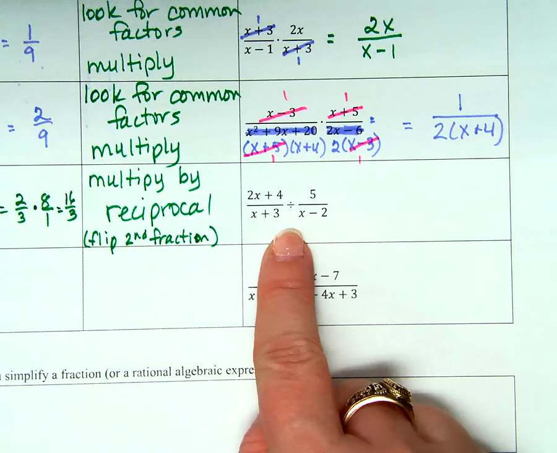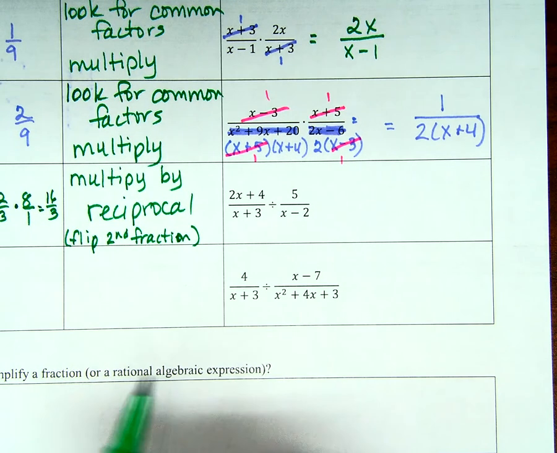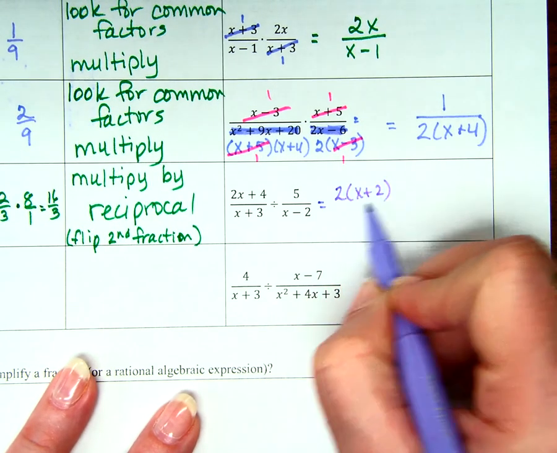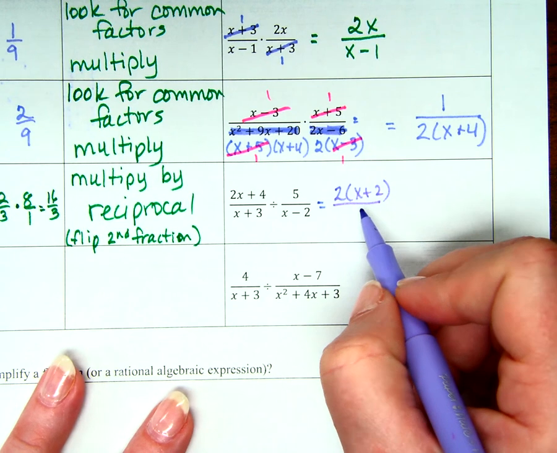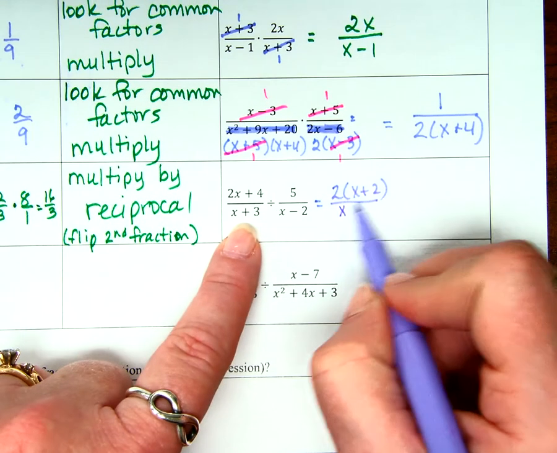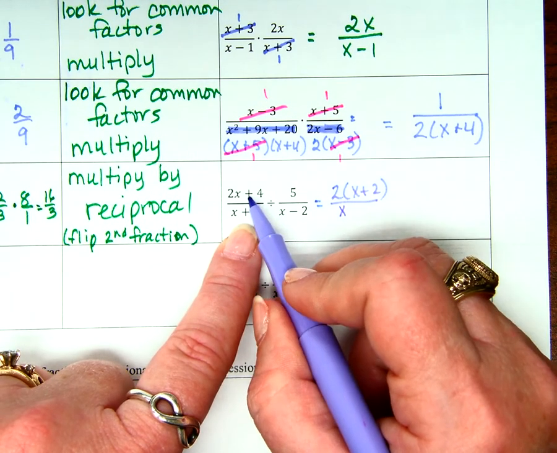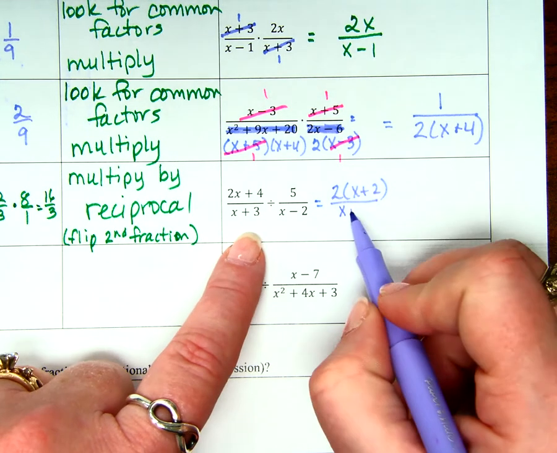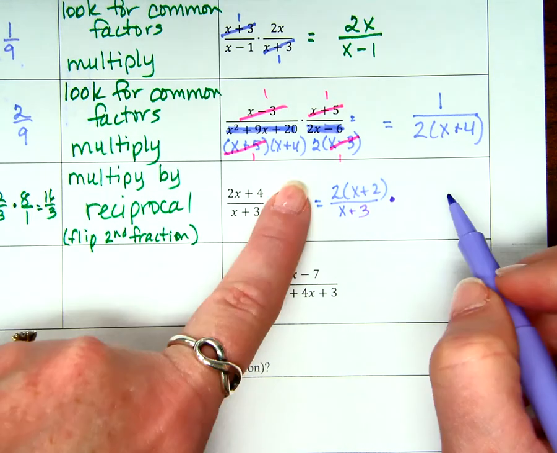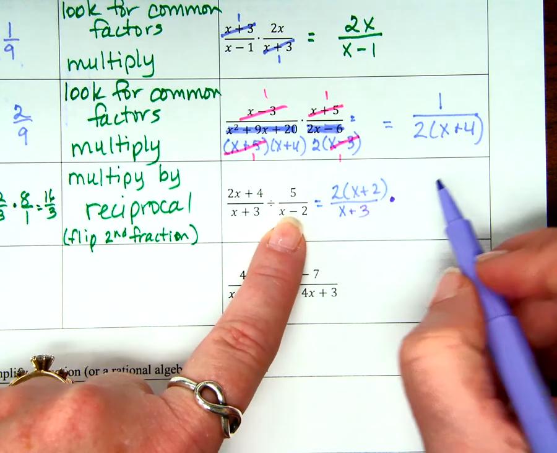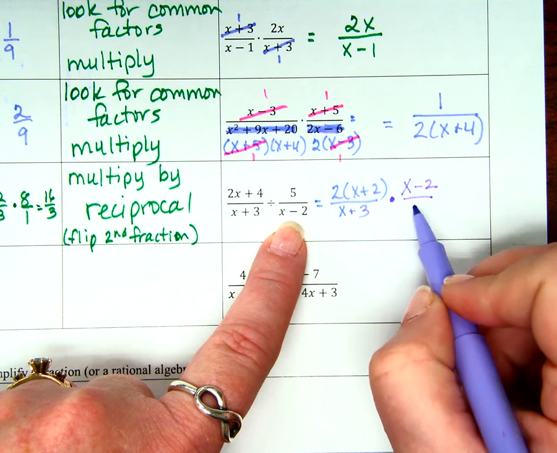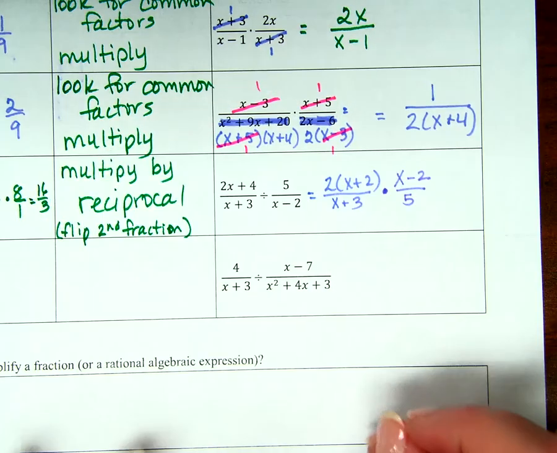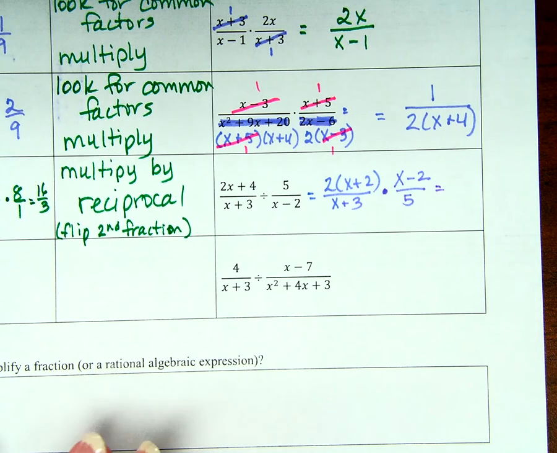So this problem becomes what problem? I'm going to factor as I go because I don't want to lose any steps. So I change that to 2 times x plus 2 because I see that there's a greatest common factor of 2 right there, right? Over x plus 3 times the reciprocal of what I'm dividing by. So it's x minus 2 over 5. I took this one and just flipped it over. Now, is there anything I can simplify?